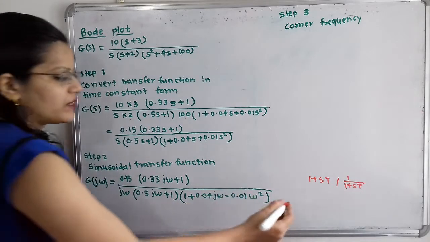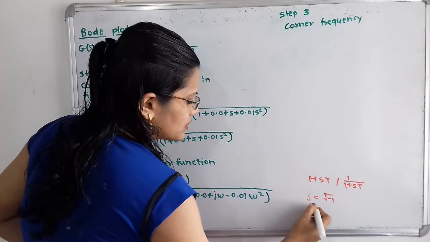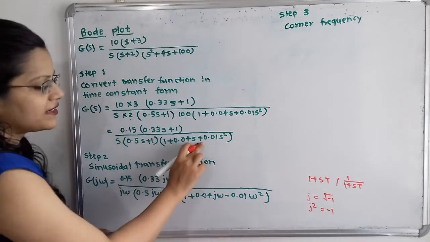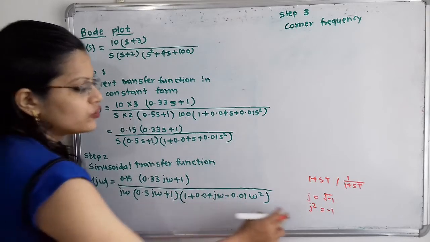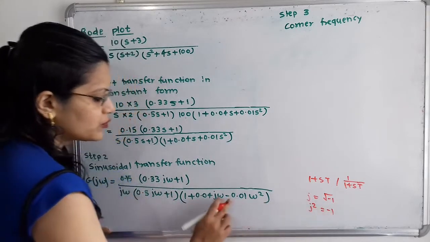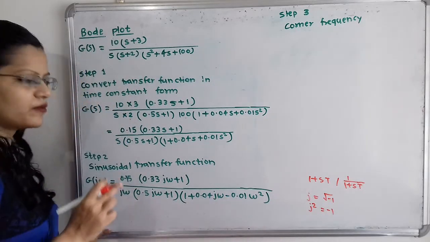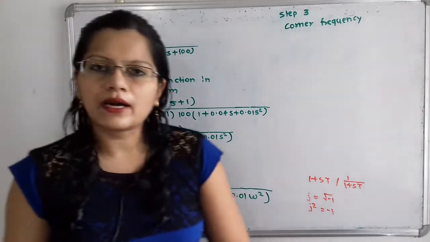We know that j is equal to the square root of minus 1, so j square is equal to minus 1. So here I will give a minus sign, minus 0.01 omega square. So this is the simplified form of the equation, and the second step is completed.